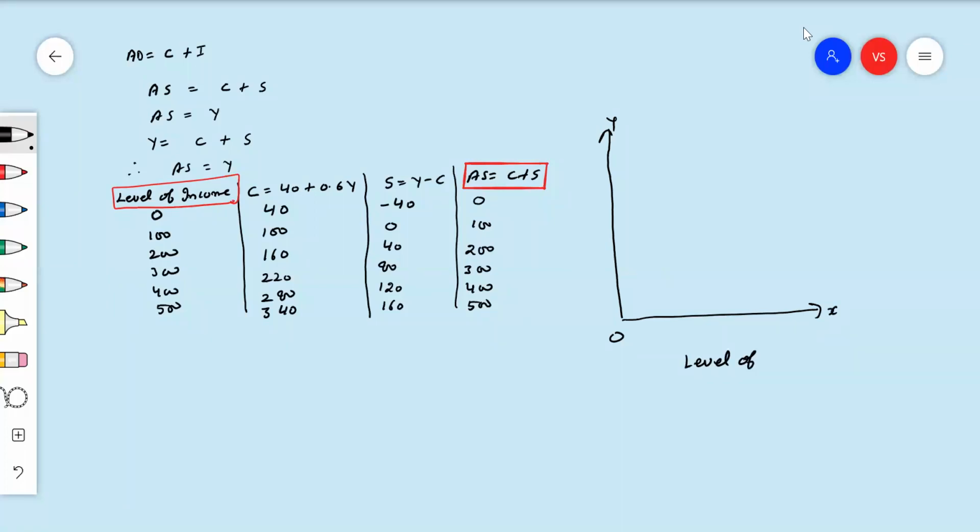Level of income, let's say 0, 100, 200, 300, 400, 500. Here you will write aggregate supply. So 100, 200, 300, 400, 500.